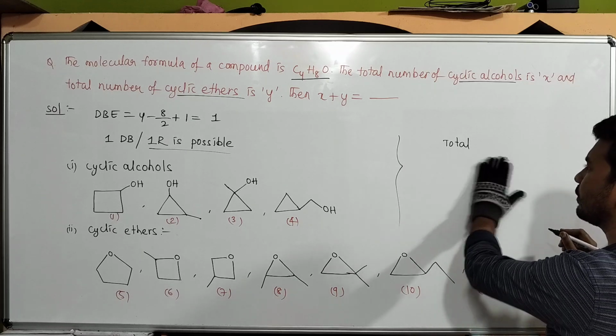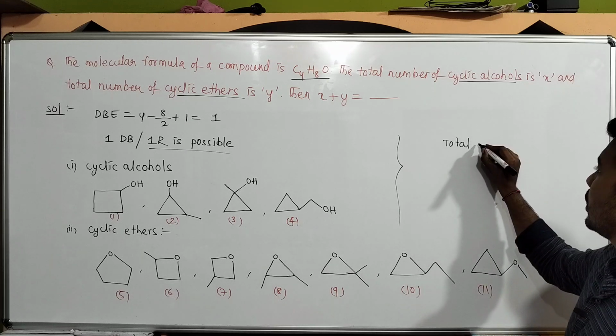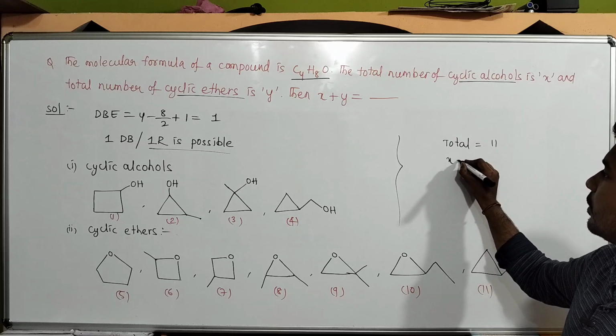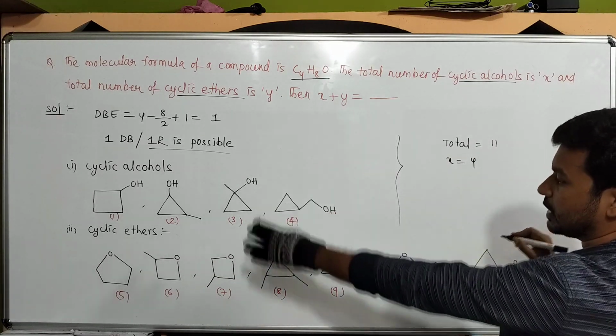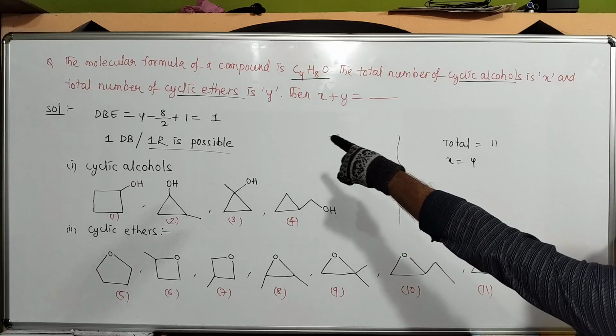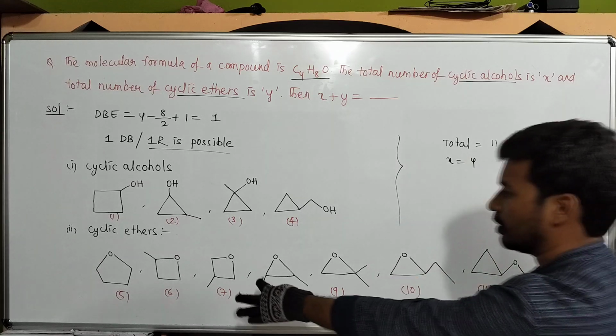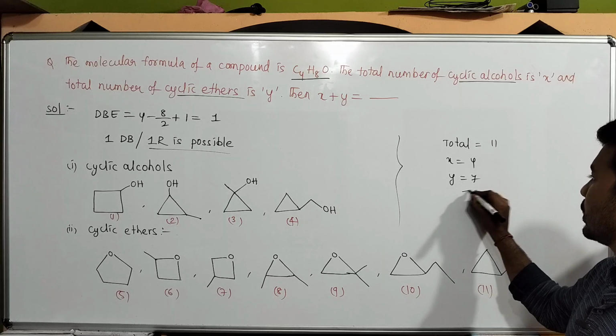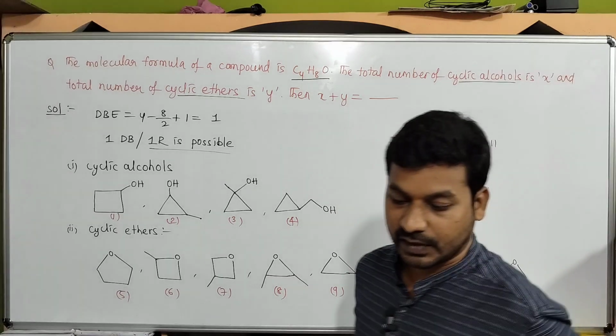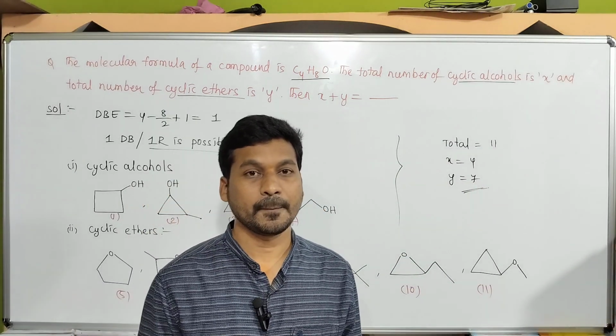X is equal to cyclic alcohols, which are 4. Y is cyclic ethers, which are 7. Total 11. Okay, so hope you understood well. Thank you.